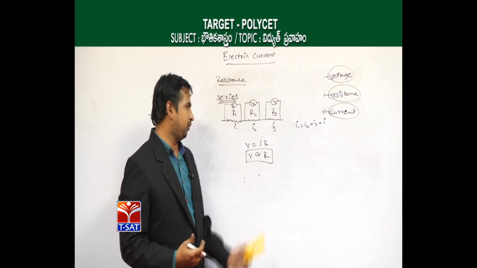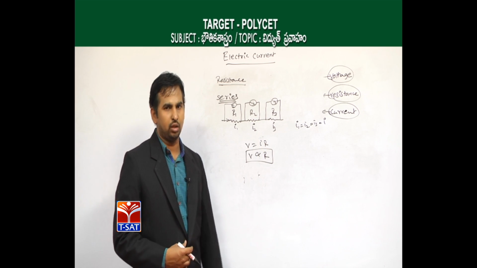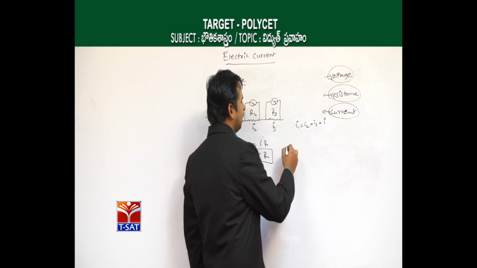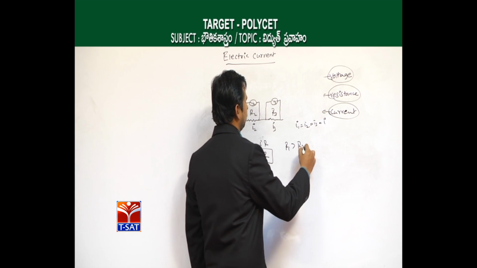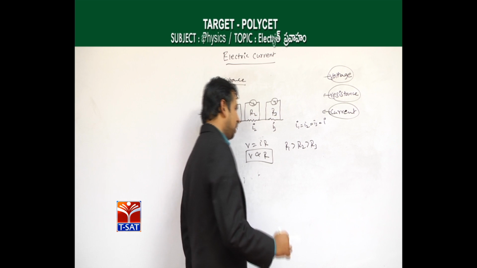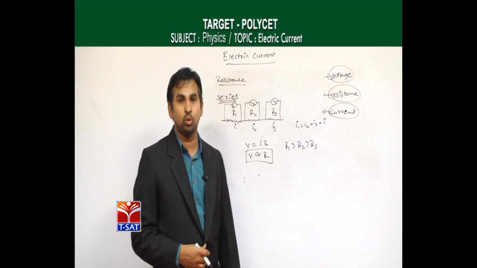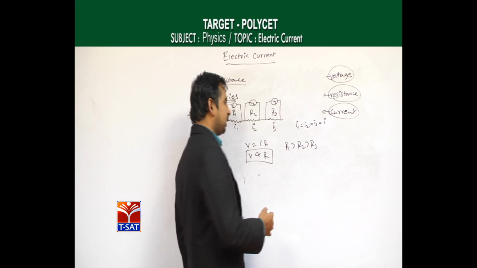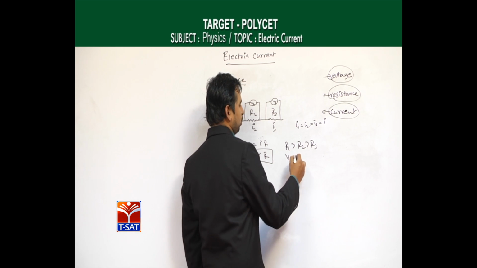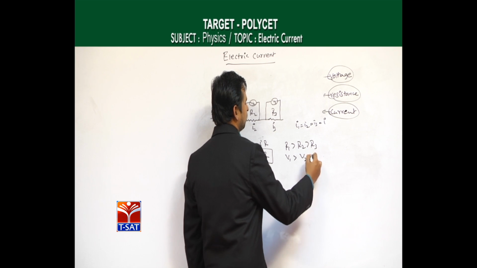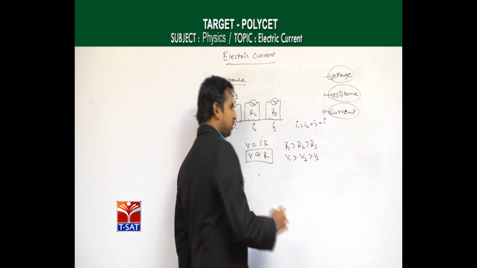For example, if R1 is greater than R2, greater than R3, then the voltage drop V1 is more, V2 is less, and V3 is the least.